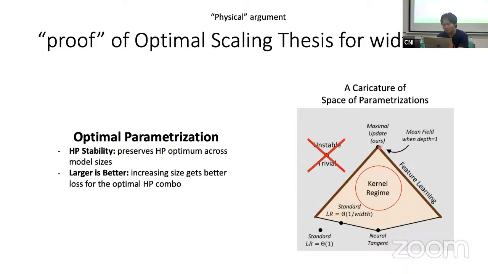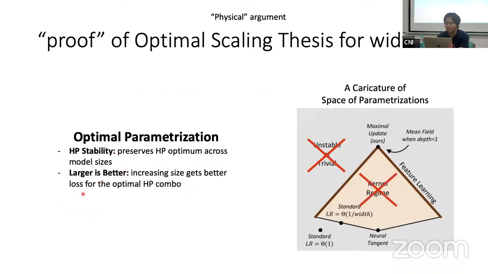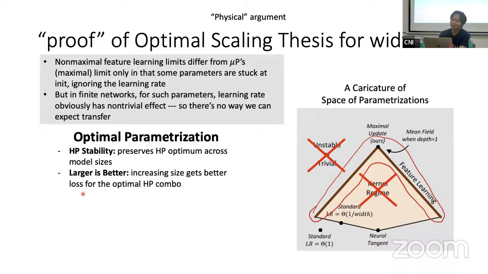Then I just look at the kernel regime parametrizations, and there are many reasons that they should not be optimal. For example, they don't learn features, and you can also just look at concrete performance on real datasets of the kernel limits versus finite networks, and you see that the kernel limits actually do worse, so they cannot satisfy larger is better. And then finally, you look at the feature learning parametrizations, and like I said, muP is obviously the optimal one if you're in the feature learning regime.